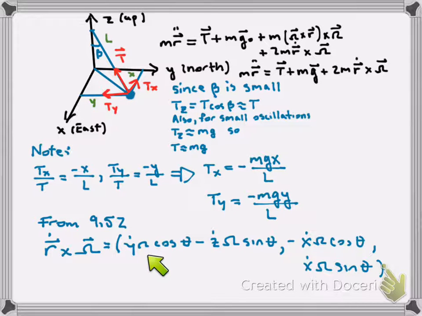So in this scenario, omega has a y component, a northern component at the location on the Earth where the experiment is being done, and it has a z component which is toward the zenith at the location where the experiment is being done. So omega projects onto y and z, but it doesn't project onto x.